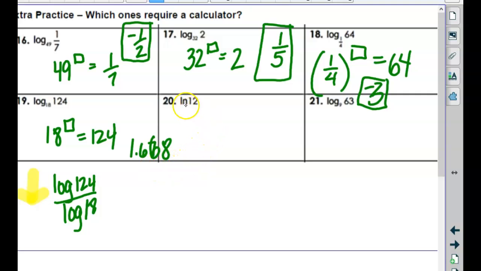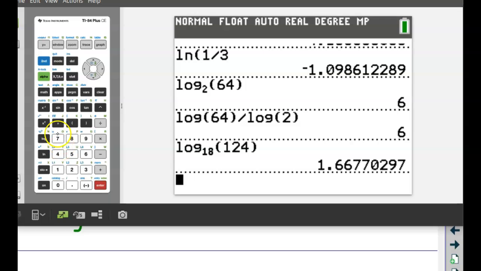Okay. ln of 12, that one's definitely a calculator. Did anybody type that one? Natural log of 12, someone give me a couple. And log base 9 of 63, I don't know what power of 9 would get me to 63, so I'm going to have to do that one on my calculator.